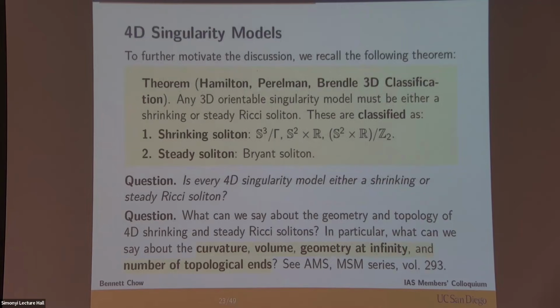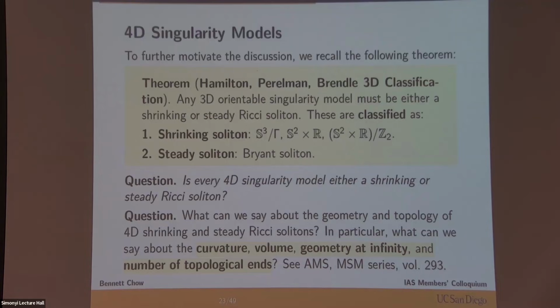Okay, so if we're thinking about 4-dimensional singularity models, of course, we want to think about 3-dimensional, right? Because we can just take a 3-manifold and cross it with a circle and run Ricci flow, and that would basically have the behavior of the 3D Ricci flow. And so there's a remarkable theorem, which is mainly due to the work of Hamilton, Perelman, and Brendle.